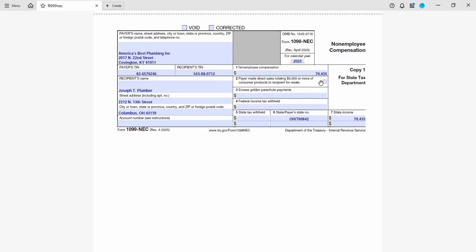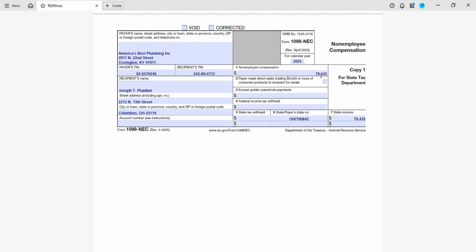If they were to receive a 1099 from Amway, this box would be checked to indicate that they sold at least $5,000 or more in consumer products. So that's letting us know that a portion of this right here is going to, in fact, be inventory. So that's something that kind of lets the IRS know what's contributing to the amount that's in box one.